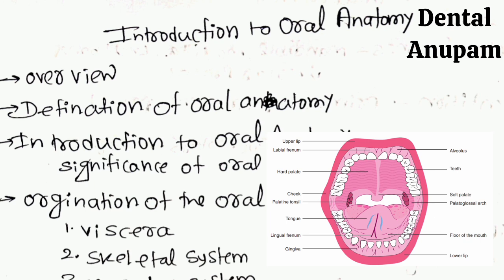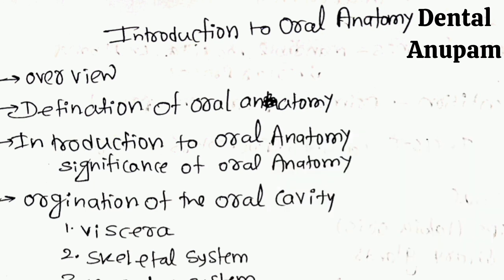Thus, the oral cavity broadly encompasses two major components: the oral cavity and perioral structures. Perioral structures include the face, head and neck.